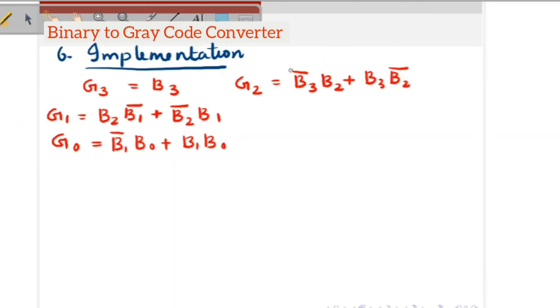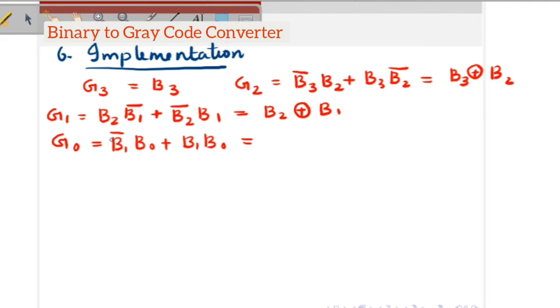So these are the simplified equations we got from the previous step. G3 is equal to B3, G2 is equal to B3 bar B2 plus B3 B2 bar, that is equal to B3 XOR B2. Okay, then G1 is equal to B2 B1 bar plus B2 bar B1, that means B2 XOR B1.